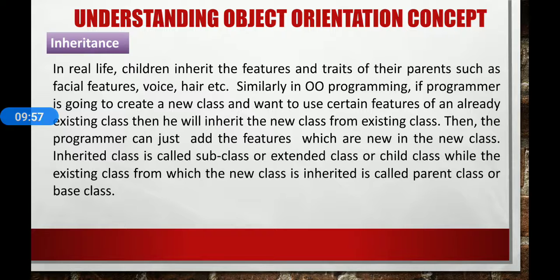Then the programmer can just add the features which are new in the new class. The inherited class is called subclass or extended class or child class, while the existing class from which the new class is inherited is called parent class or base class.